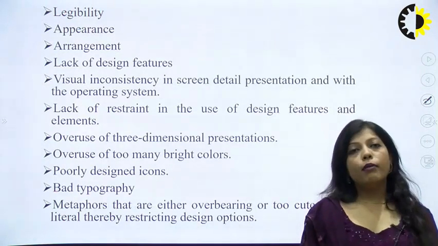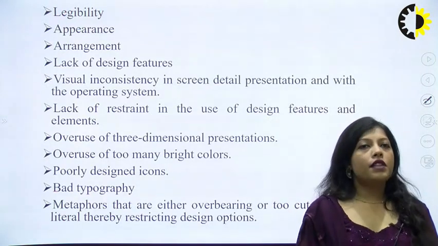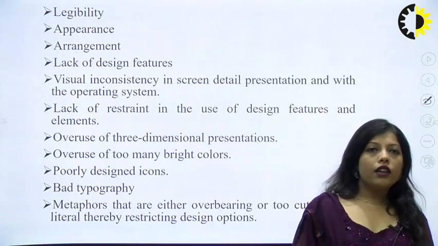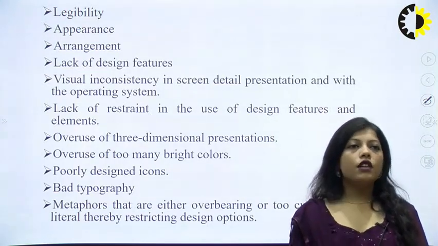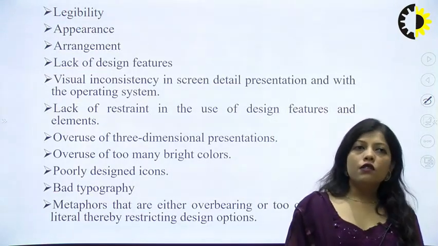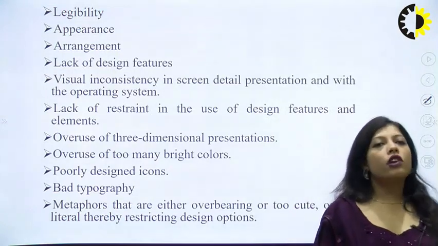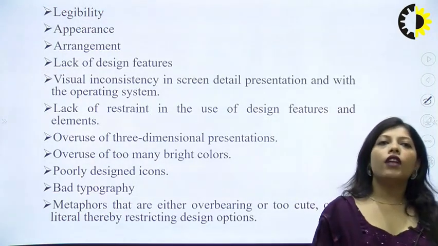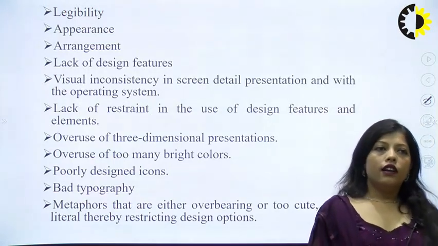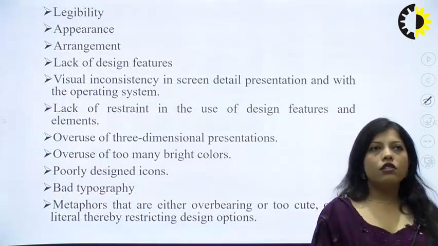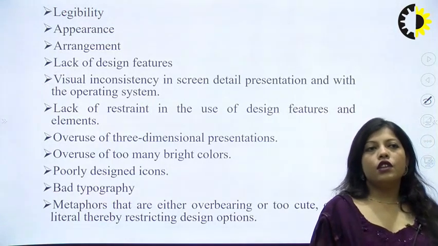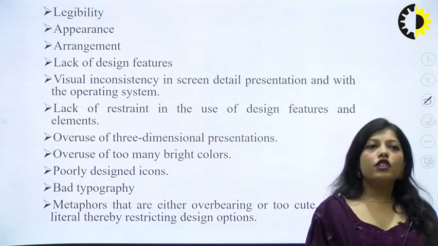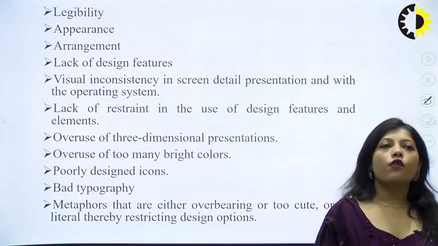Overuse of too many bright colors. So in your website, if you are using multiple colors, they can also distract the user. So only use black and white color, or only three or four colors. Next is poorly designed icons. If the icon is poorly designed, the user can be distracted, because through the icon the user cannot understand which icon is used for what purpose.